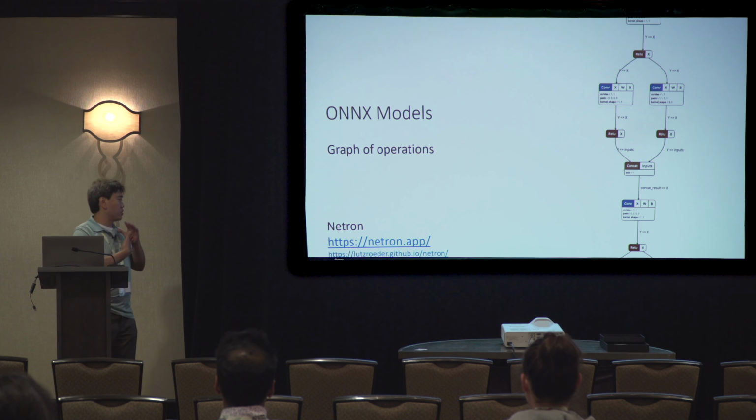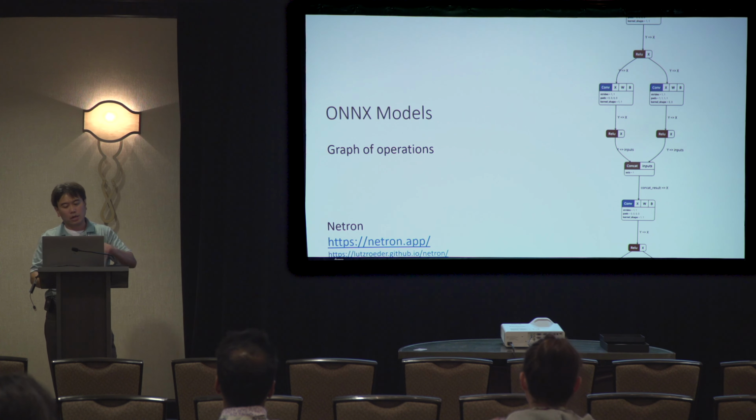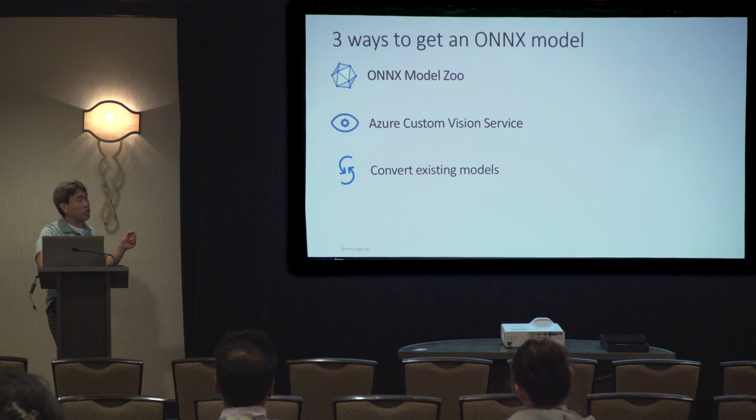It's also on GitHub, it's free. If you want to visualize what an ONNX model looks like, go to netron.app and upload an ONNX model there, and you'll see it looks like this. We'll give you an example later on. So there are 3 ways to generate and create an ONNX model. One is using ONNX Model Zoo.